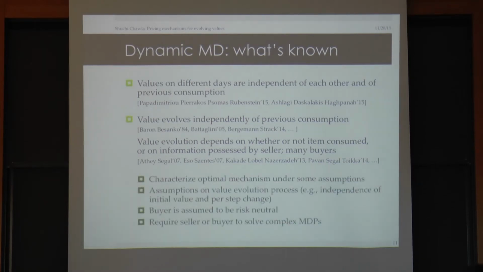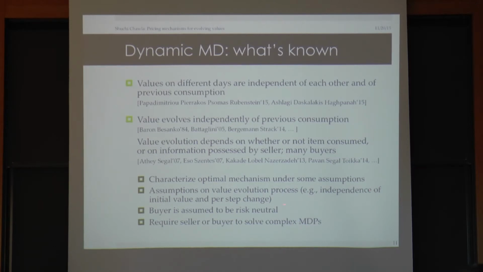So fairly general settings. And what these papers do is, under some fairly restrictive assumptions, they are able to characterize what the optimal mechanisms look like. But these are fairly strong assumptions.